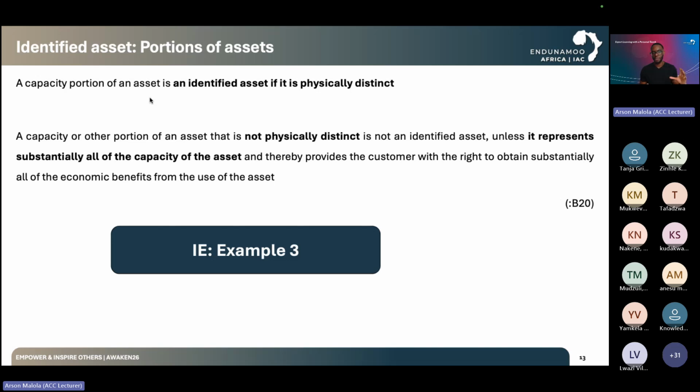Let's say Joburg Water has a huge water pipe, and 3 parties are leasing that water pipe to transport their water from point A to point B. You can't say party A, party B, party C is occupying this portion of the pipe. It's just one pipe. So in those scenarios, you don't have a physically distinct portion of the pipe. Therefore, we need to assess the entire pipe for the definition of a lease.